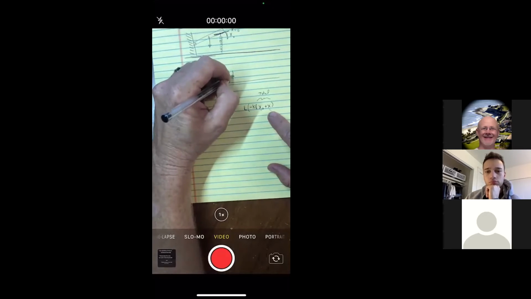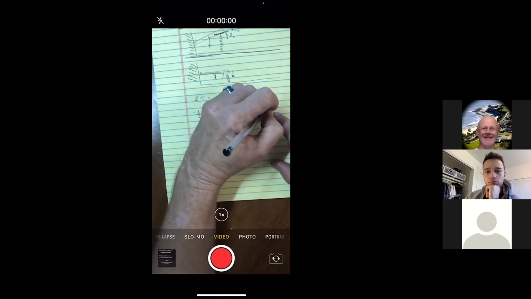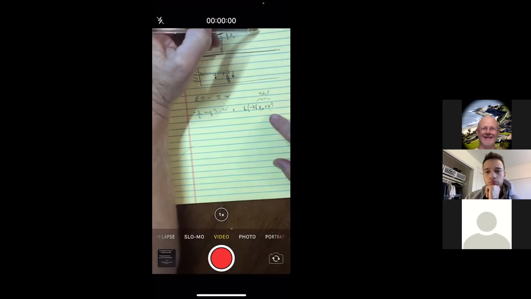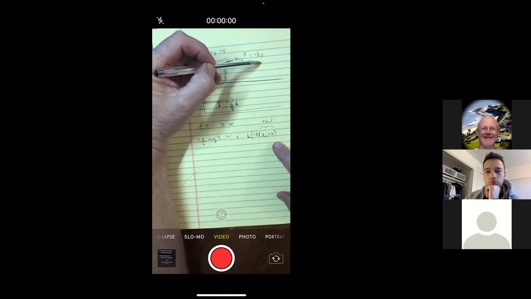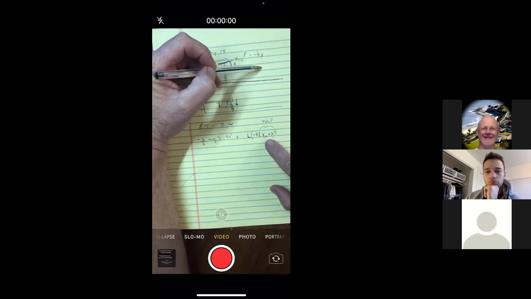Then I push it a little bit more. Maybe I should call it X prime so you don't confuse it with this X, because this X up here is the total X that the spring has been compressed. And I'm saying it's made of two pieces.